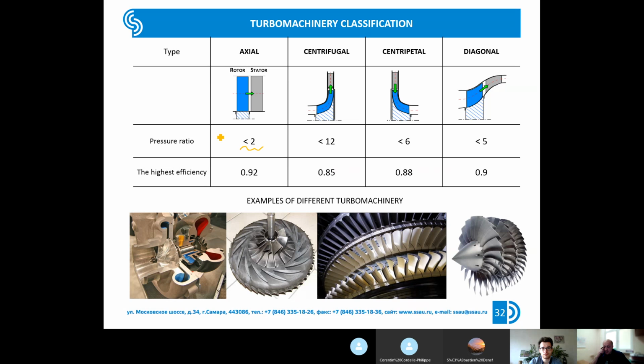For example, if you make a calculation of a thermodynamic cycle, usually the people who provide the thermodynamic calculation need to find out the pressure ratio of the compressor. For example, you are calculating some prototype and you need to determine what pressure ratio the high pressure compressor or intermediate pressure compressor has.